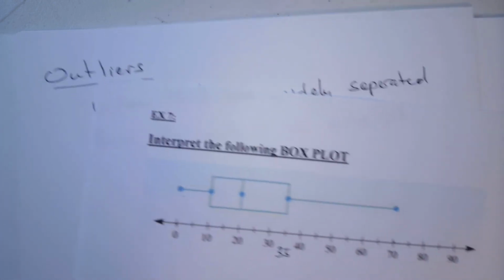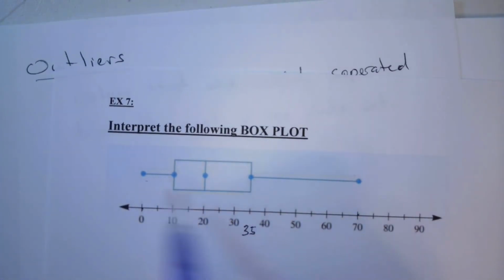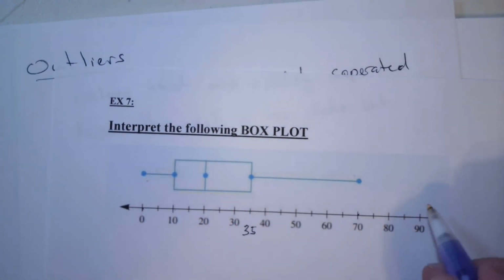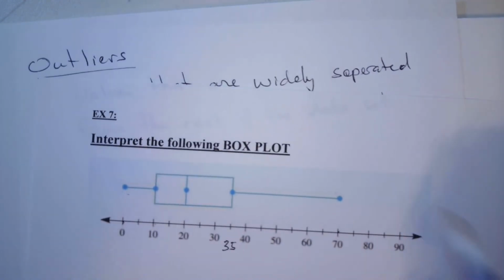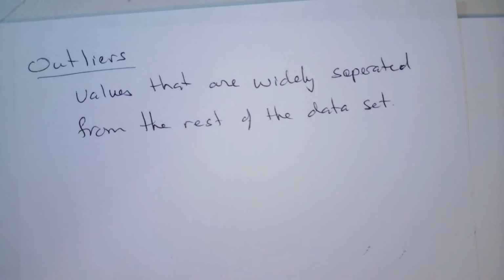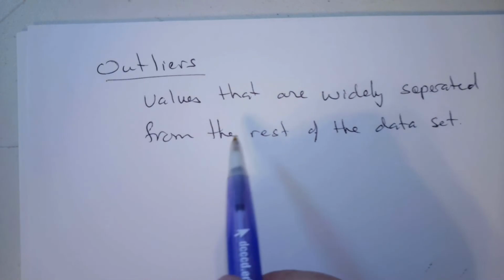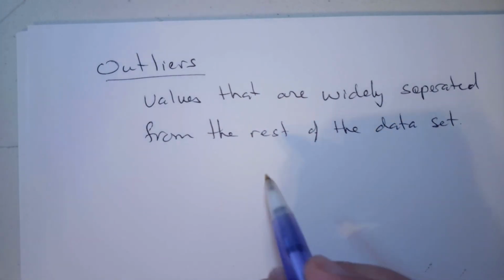Kind of like here's the majority of the data set. There's one way back here. What if the student made a 90 on one test? That would be considered an outlier. Well, we're going to discuss that in a second. So that's an outlier. Values that are widely separated from the rest of the data set.